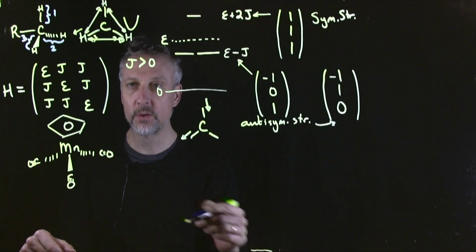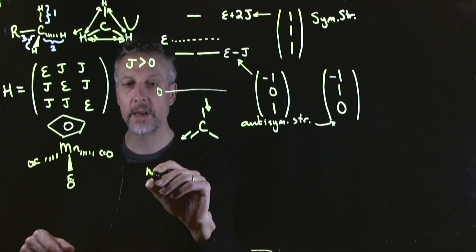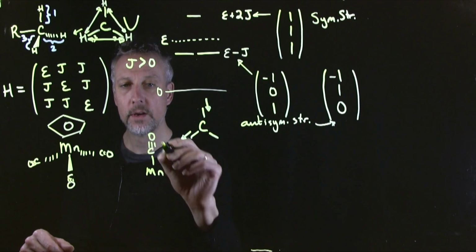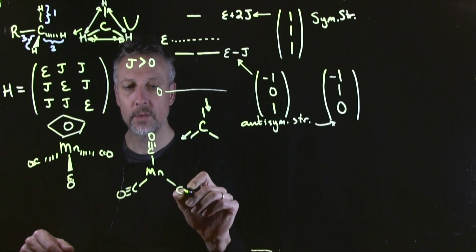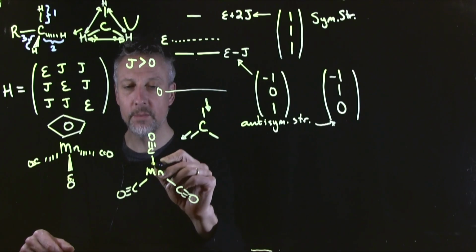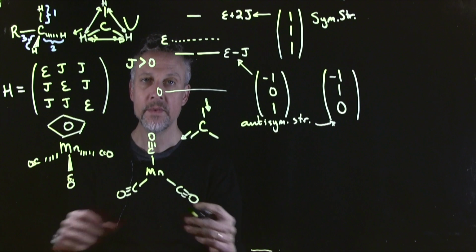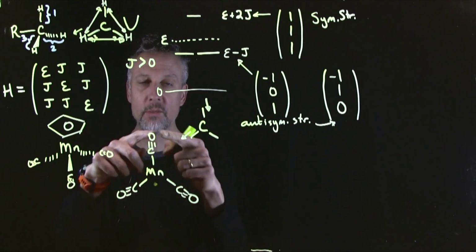All right, so again, I can do the upwards projection on this, and I would see a manganese atom here. I would see one carbonyl here, another carbonyl here, and another carbonyl here. And although they are separated by the manganese-carbon bond, each one has a manganese-carbon bond, the vibrational modes are still almost entirely constrained to the carbonyls themselves.